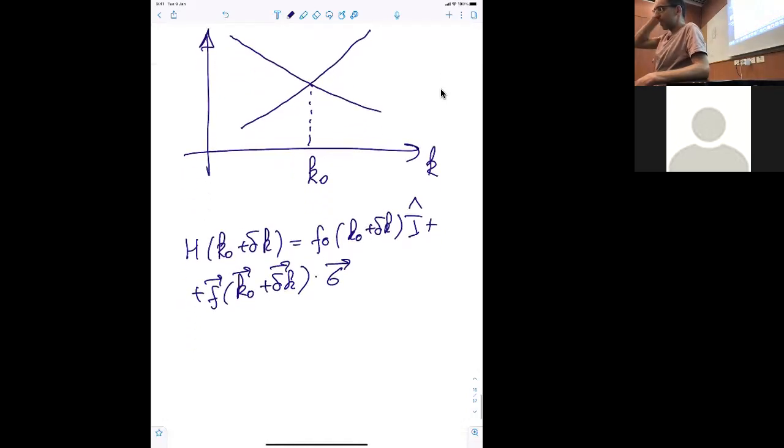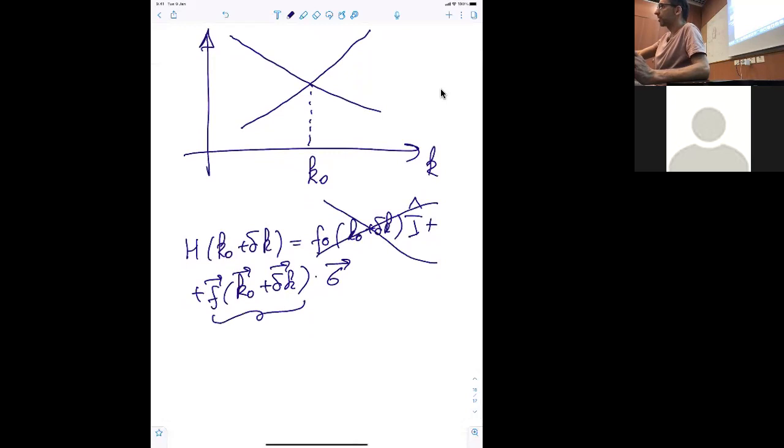And then if we say, okay, let's first of all ignore the term that comes with the identity matrix. You don't have to ignore it, you can keep it. It would not change much. And expand this term in delta K near the K0 point.